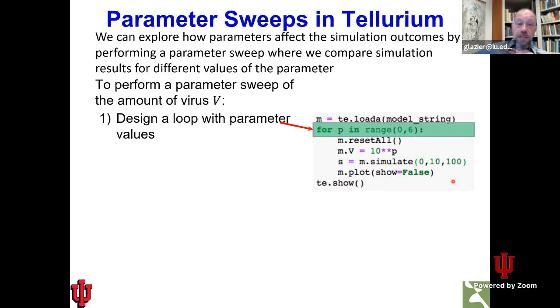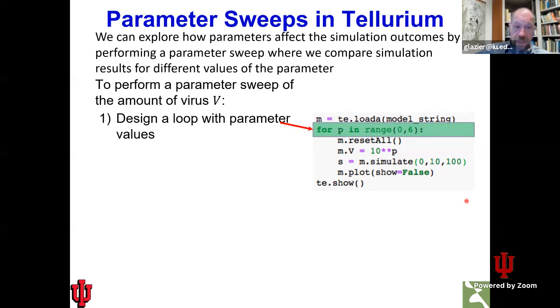Then we have a specific Tellurium command, resetAll. By default, if I call simulate twice, and maybe this is something we should have had as an exercise, the simulation will continue from where you ended.